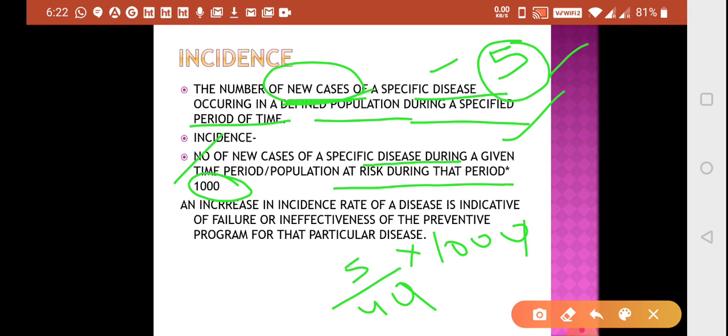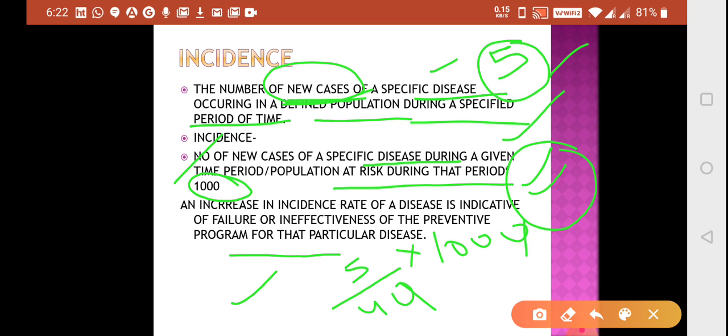An increase in the incidence rate of the disease is indicative of the failure or ineffectiveness of the preventive program for that particular disease. If incidence is increasing, means today 5 students have caries, next month 10 have, in another next month 20 have, what would that indicate? It would indicate that we are not taking proper preventive measures, or whatever preventive measures we are taking are ineffective.